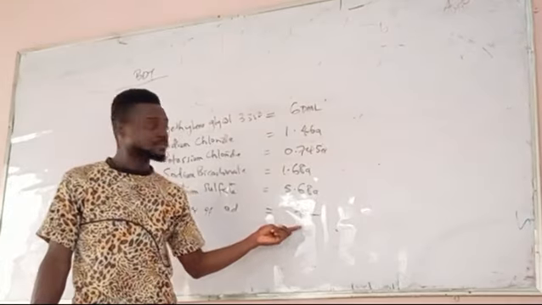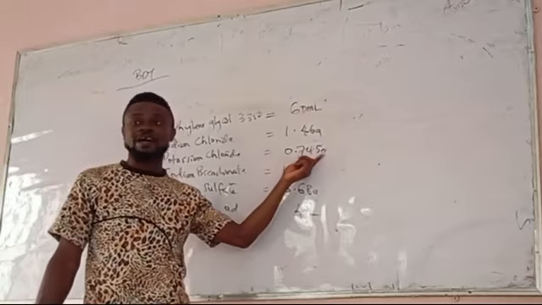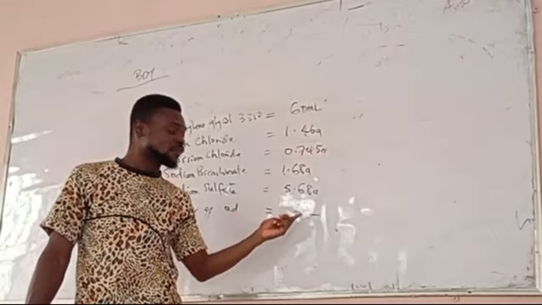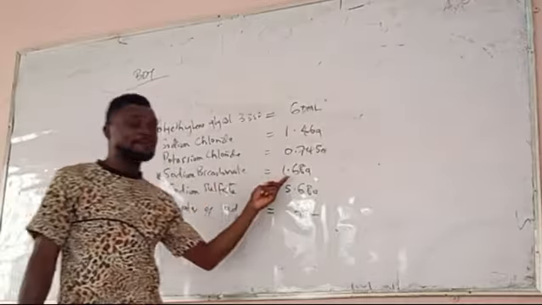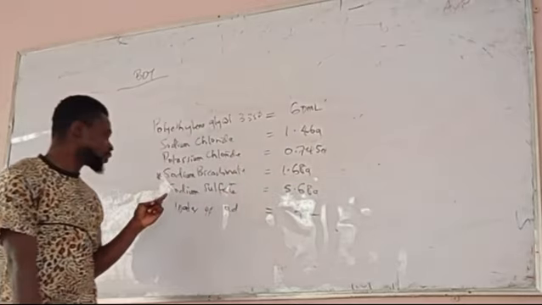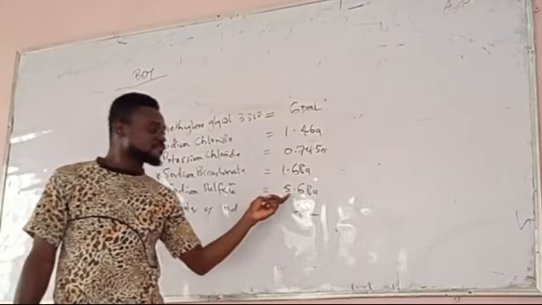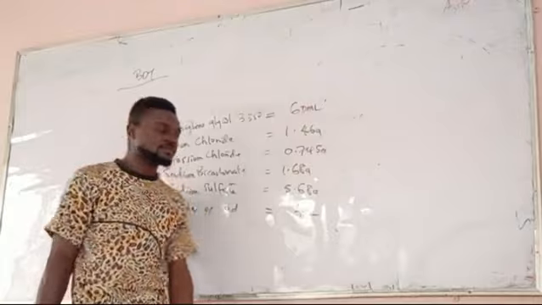That's the meaning. Potassium chloride 0.745 gram is required to produce 4 liters. Sodium bicarbonate 1.68 gram is required to produce 4 liters. Sodium sulfate 5.68 gram is required to produce 4 liters, right?